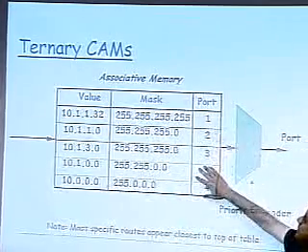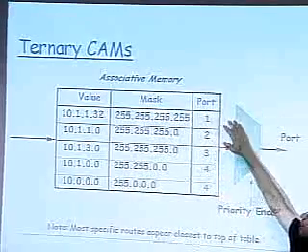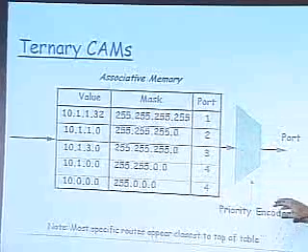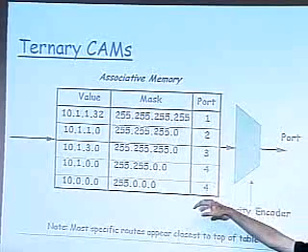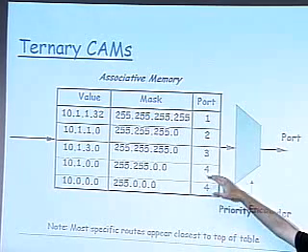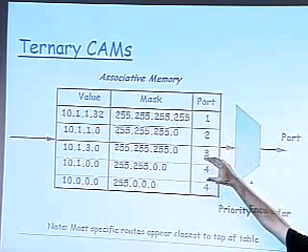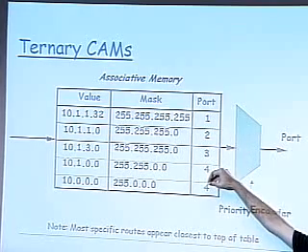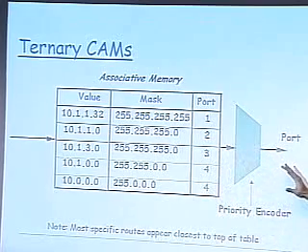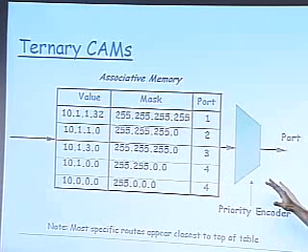All the results that are matched will produce a 1 in the output, and then you have a priority encoder which decides which of the results to use. So given a destination address, you'll have a match, let's say, with 16 bits, and you'll have a different match with 21 bits. This ternary CAM will produce a yes or a hit for both of those. But after the ternary CAM, there's another hardware element which chooses the right hit.